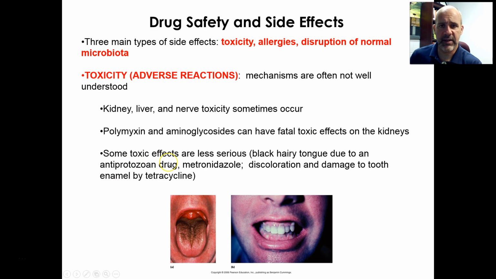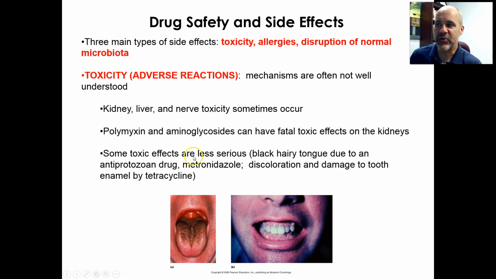Now, there are some toxic effects that are more cosmetic than anything else, and some of them are kind of weird. Black hairy tongue, for example, is a side effect that can occur in some people if you have to take the anti-protozoan drug metronidazole. So here's a picture of somebody with a black hairy tongue. And no, your tongue is not really turning hairy. What it is, is the little papillae on the tongue, the little bumps.